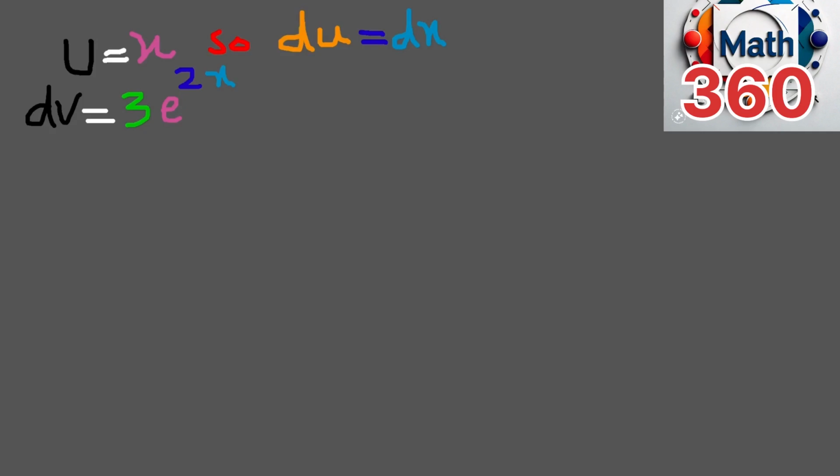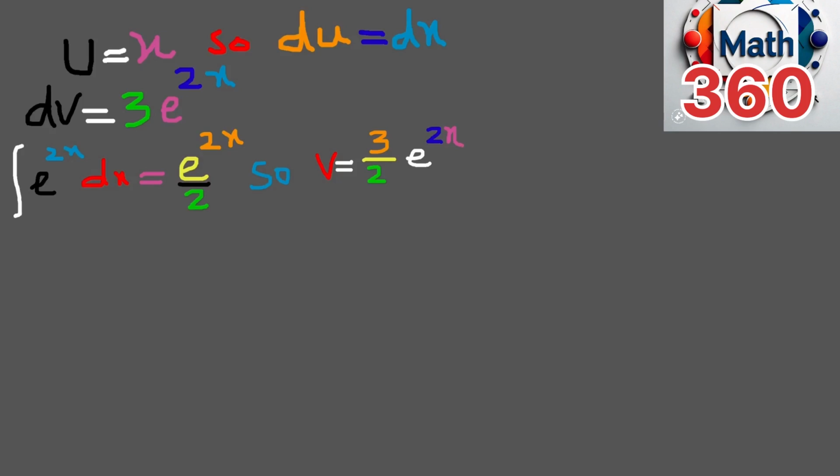Since the integral of e raised to the power 2x with respect to x is 1/2 e raised to the power 2x, we have v equals 3/2 e raised to the power 2x.